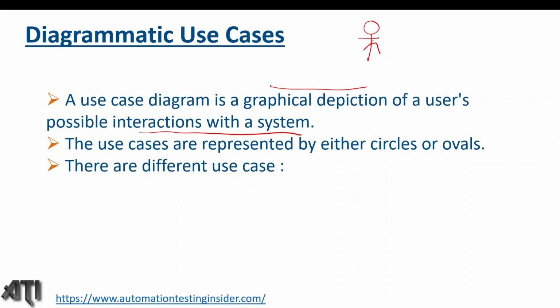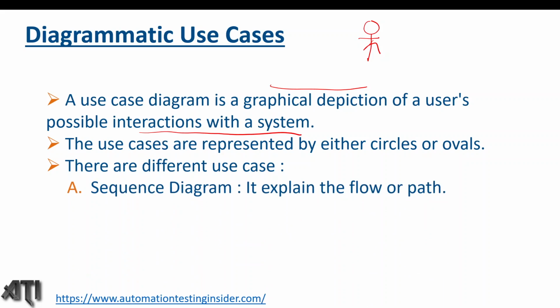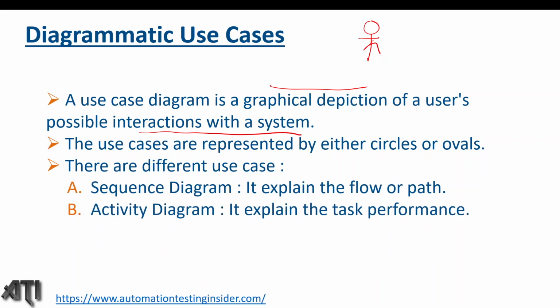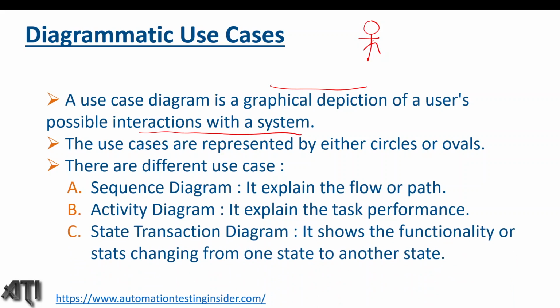Using that we create the flow diagrams for the use cases. A sequence diagram explains the flow or path. The activity diagram explains the task performance, how we are going to perform it. And the state transition diagram shows the functionality or a change from one state to another state. So these are the different ways to create use cases using diagrammatic use cases.